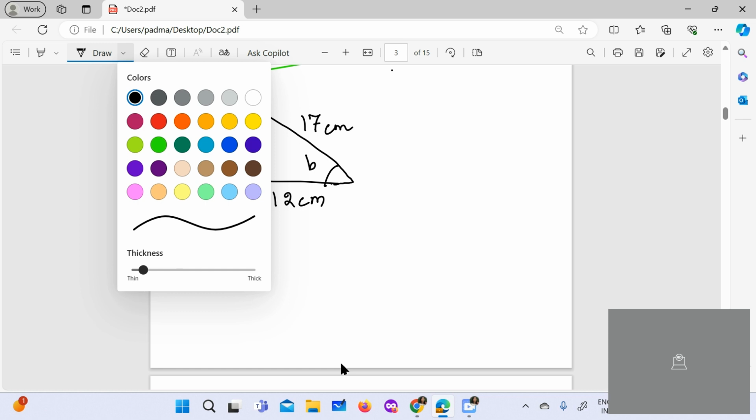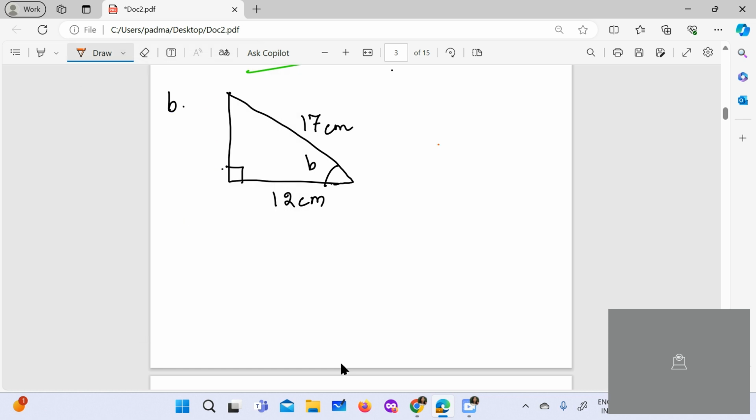With respect to this angle B, what are the known values we have? So this is your adjacent, and opposite to 90 degree, this is your hypotenuse. So we can see that we have adjacent and hypotenuse, and you know very well this comes in cosine. So cos is equal to adjacent upon hypotenuse. So we are going to use this ratio.